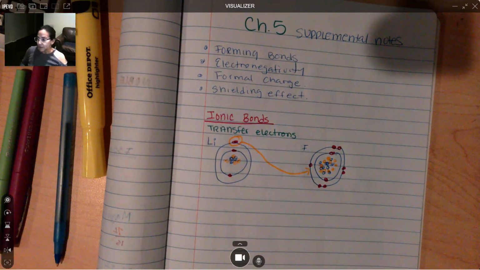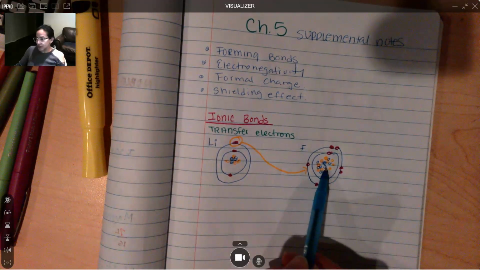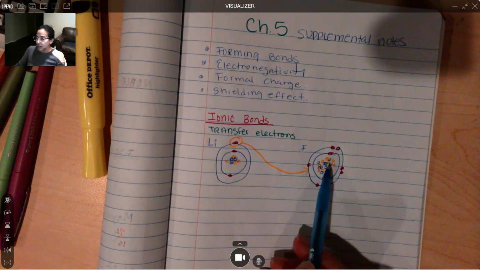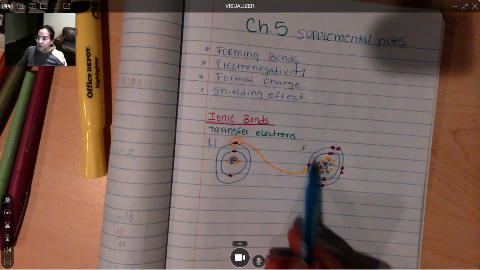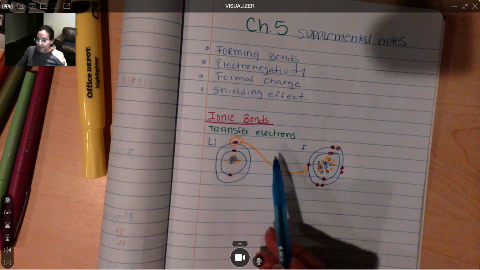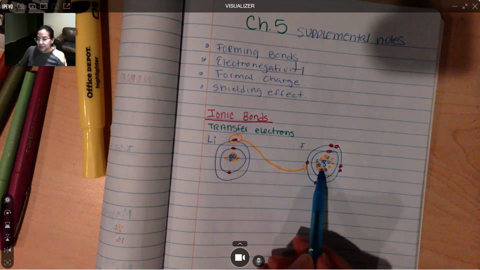Why? Well, if you guys notice, fluorine has a lot of protons in this center. That means the effective nuclear charge inside of fluorine is really, really high. So its ability to attract electrons is also higher.